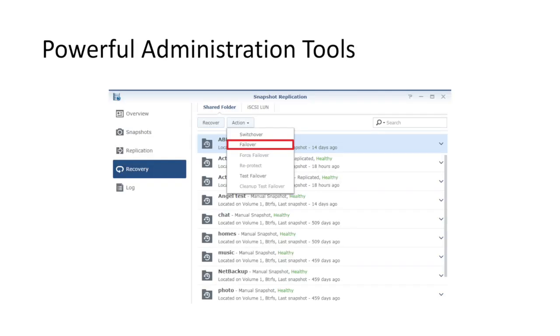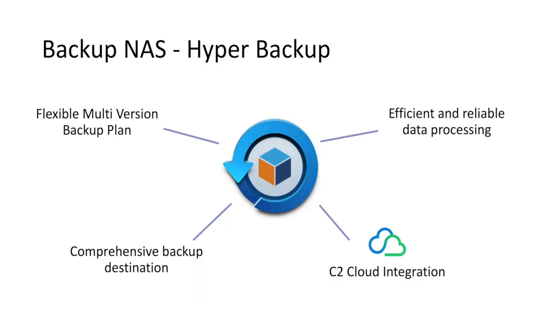In addition to the snapshot protection and recovery tools, Snapshot Replication also provides great tools for system administrators to shorten the time required for actual failover and monitor each replication task effectively, as well as perform test failovers, which is necessary to ensure the recovery procedures work as expected when disasters occur. Admins can easily control what is restored through point-in-time restoration, clone and restoring in place, as well as making previous versions visible to users.